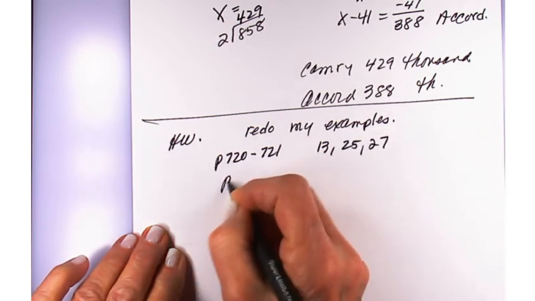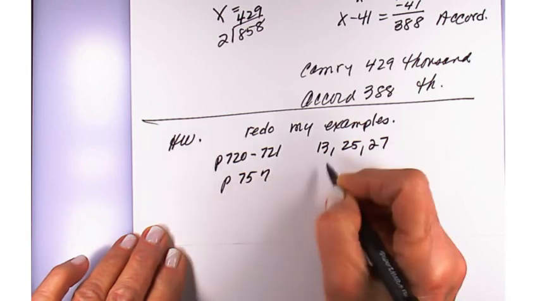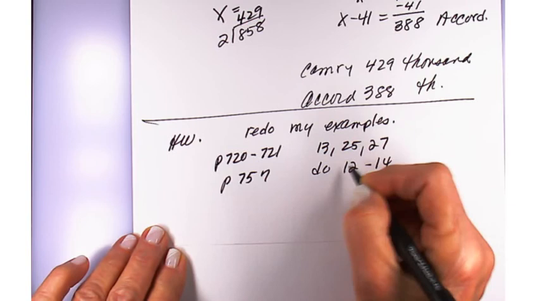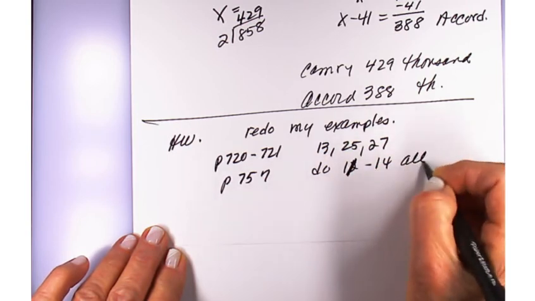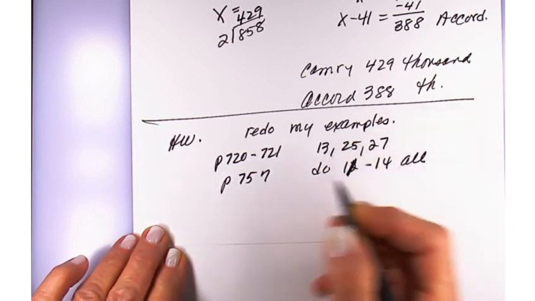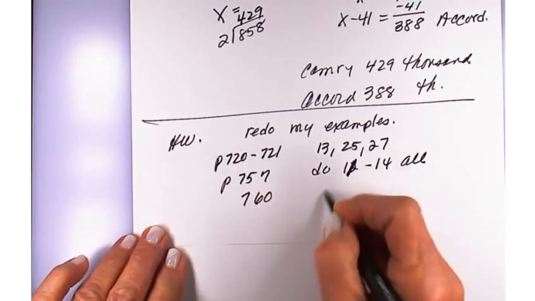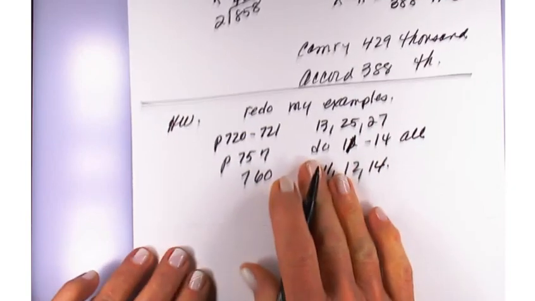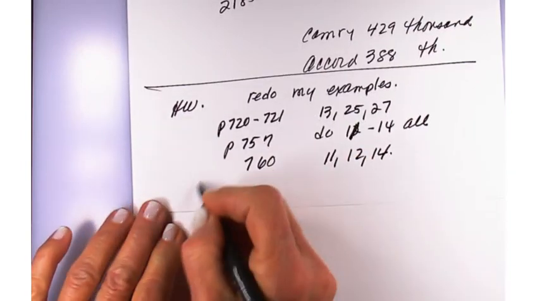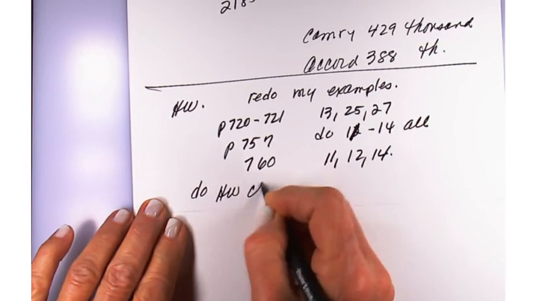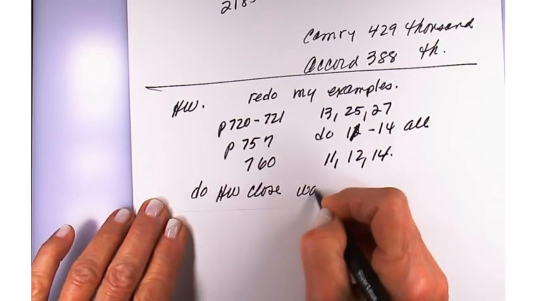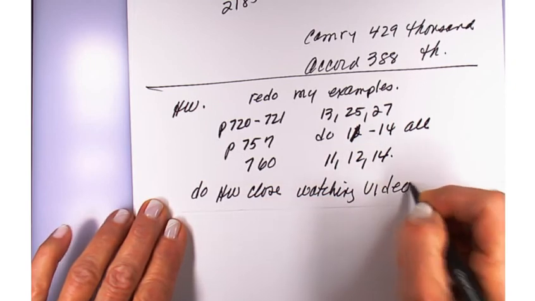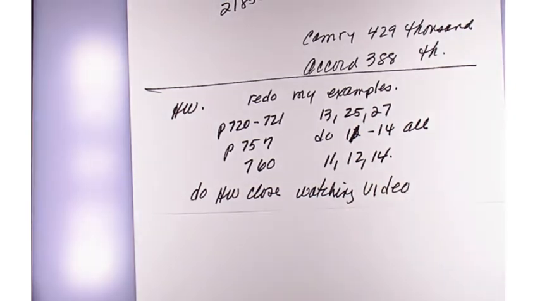Page 757, do 12 through 14, 11 through 14, all of them. Page 760, 11, 12, 14. You certainly want to do the homework close to watching the video. And also remember, the notes will be posted on D2L.